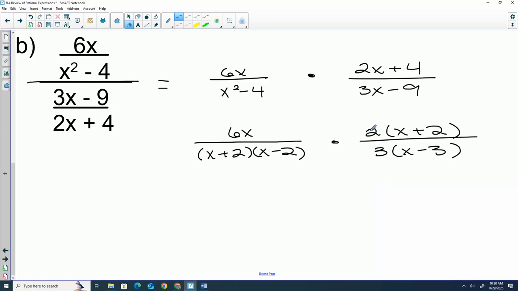Alright, what cancels out? If you just multiply this right now, 6x times 2 is 12x. On the bottom, I have a 3, an x minus 2, and an x minus 3. What do you notice about that?